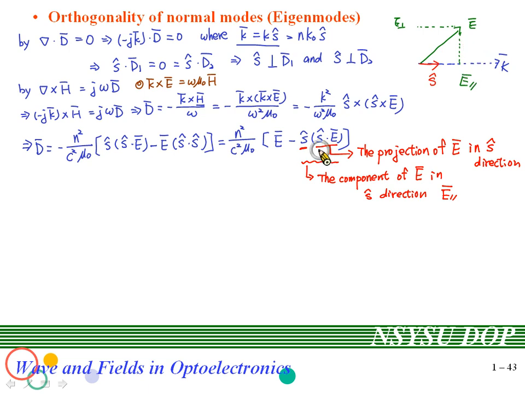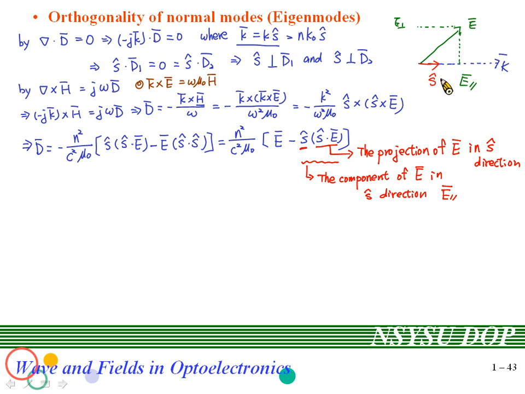So S dot E gives us the projection of E in the S hat direction, and S hat gives this magnitude a direction. So the whole expression here just means the E parallel. That is the component of E which is parallel to K or parallel to S hat.